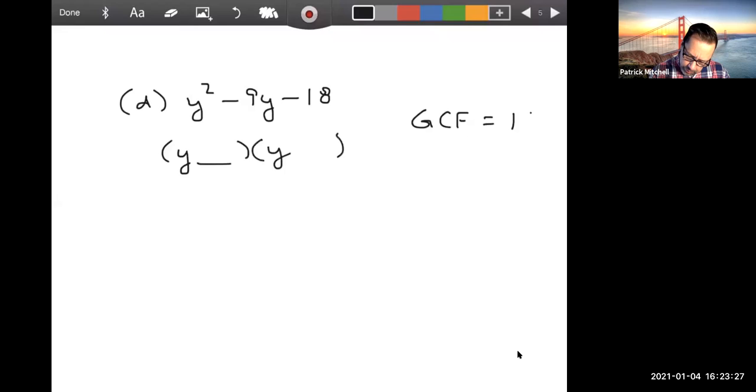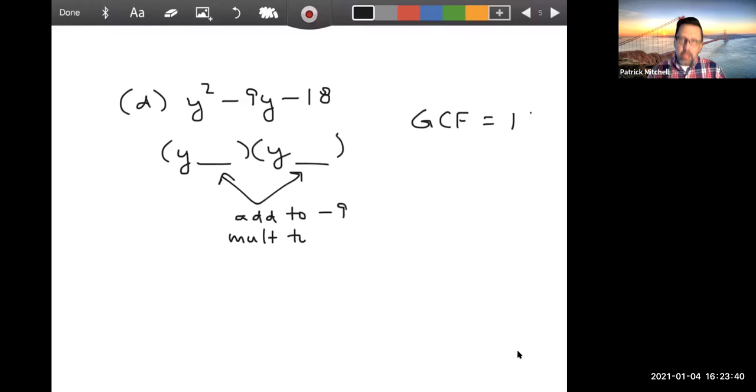All right, so these two mystery numbers would need to add up to -9 and would have to multiply to -18. So again, we had one like this earlier. If they're multiplying to a negative, that means they have to have opposite signs. And if they're adding up to a negative, that means it's the bigger number that gets the minus.